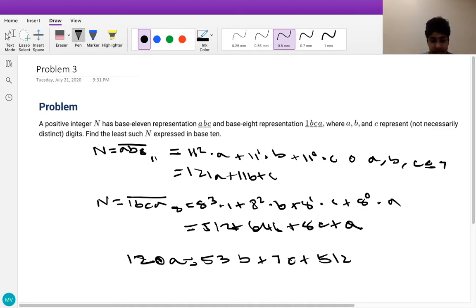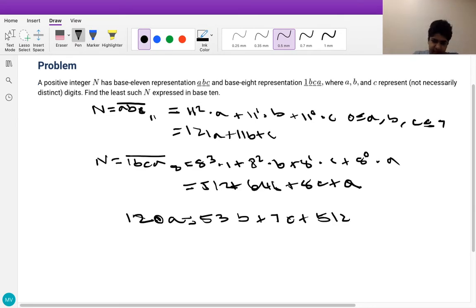So from this, we can just go through values of A that are in this range. Let's first notice that A is multiplied by a factor of 10, so we need this side over here to also be a multiple of 10. So we need the sum of the units digit of 53B and 7C to equal 10.